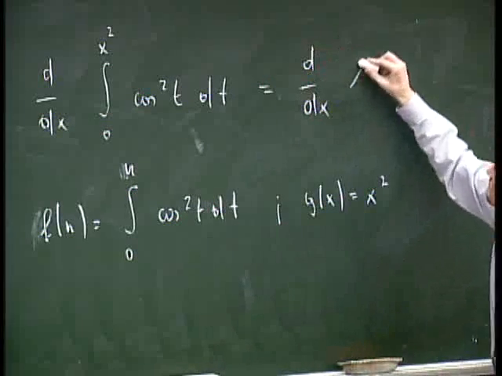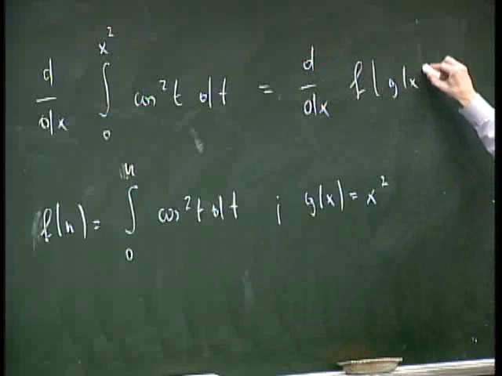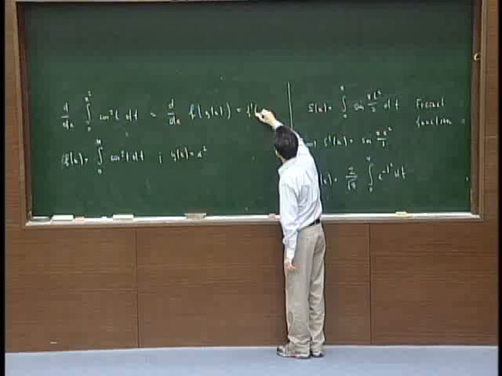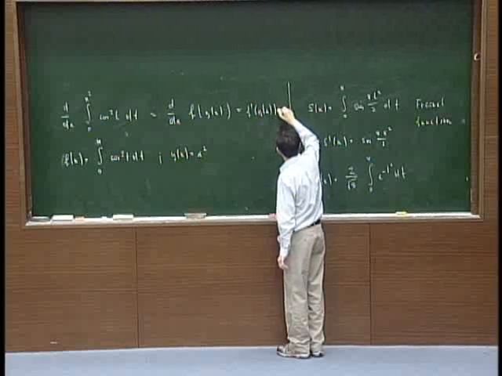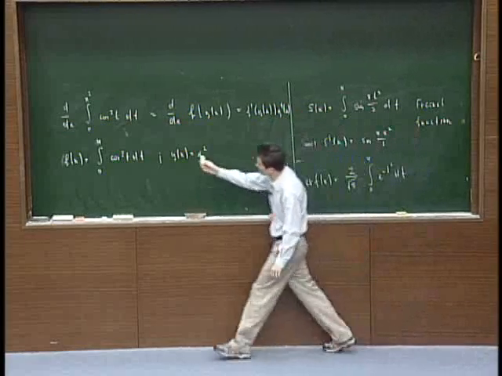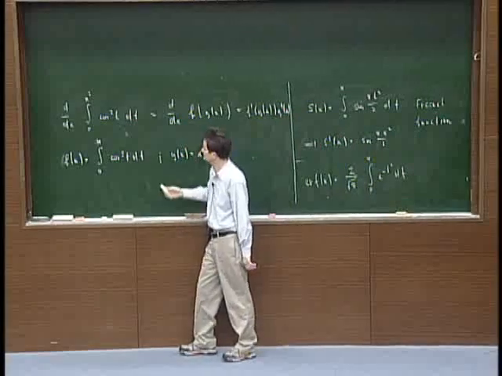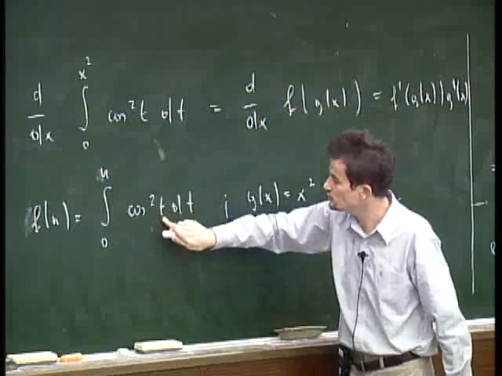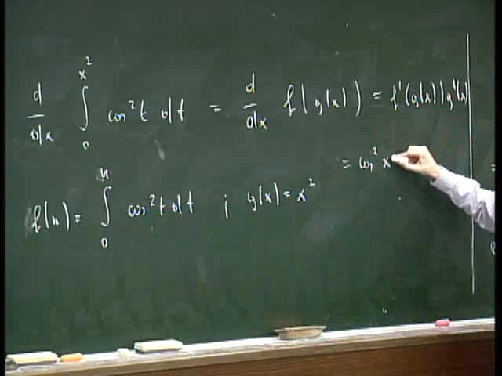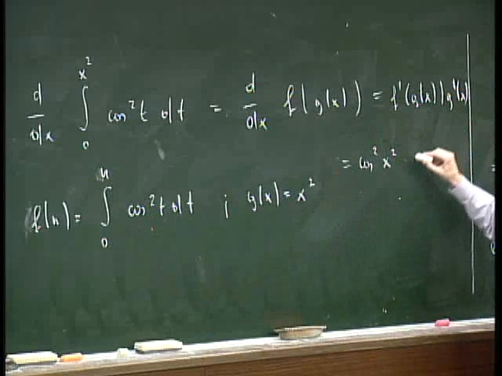Obviously you really have a composite function, namely this function here. By the chain rule, this is equal to the derivative of the outer function evaluated at the inner function times the derivative of the inner function. Once more, the derivative of this one by the fundamental theorem is cosine square of u evaluated at the inner function, so cosine square of x squared times the derivative of the inner function.